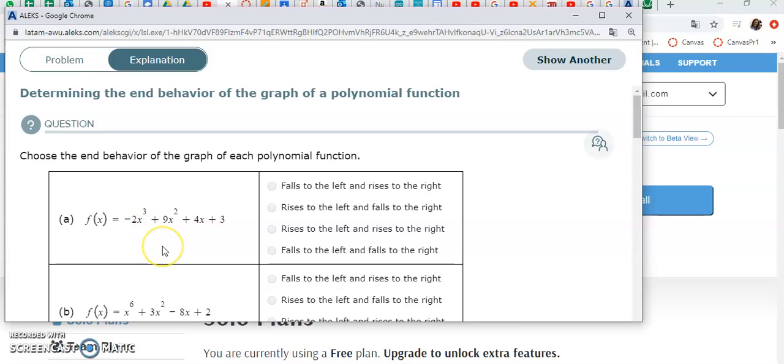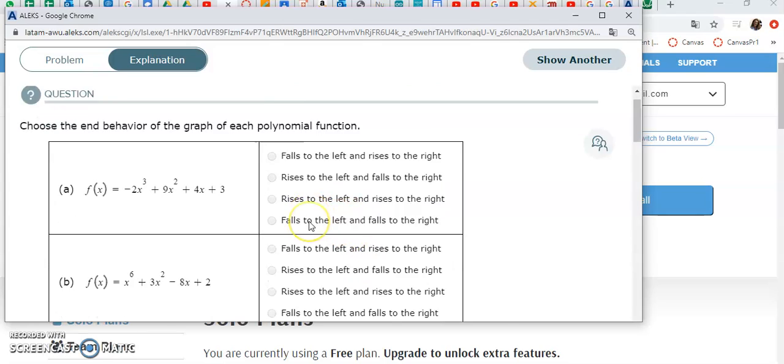So without checking the instructions, I want you to think and remember that when we have an odd number as degree, and when the leading coefficient is negative, remember it rises to the left and it falls to the right. Let's see if I am right.